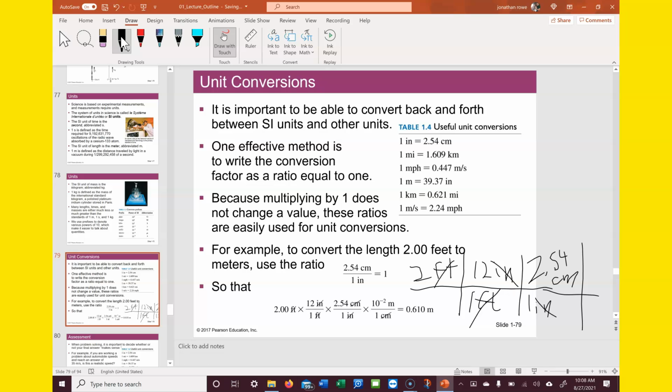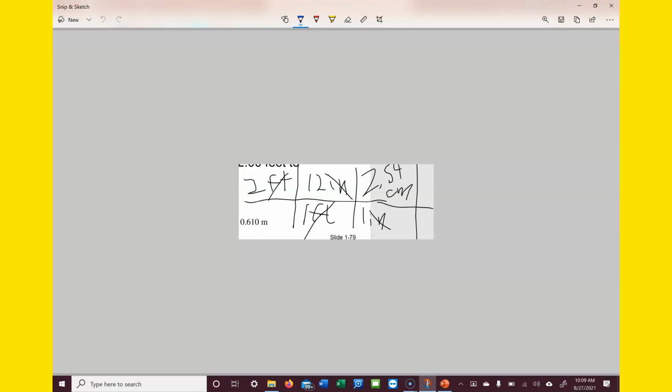And then we will say, I'm out of room, hold on. And then we need centimeters to be on the bottom here, and we're trying to get the meters.